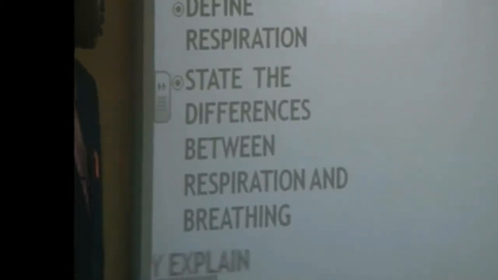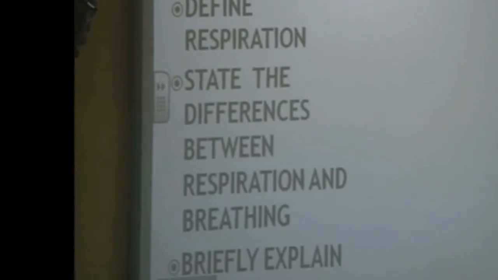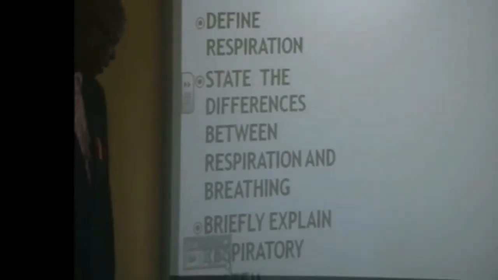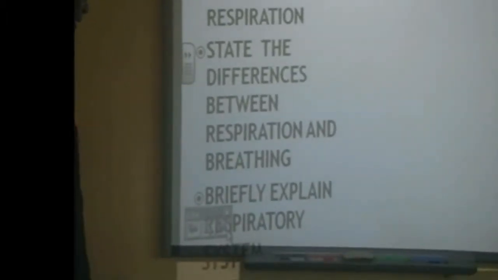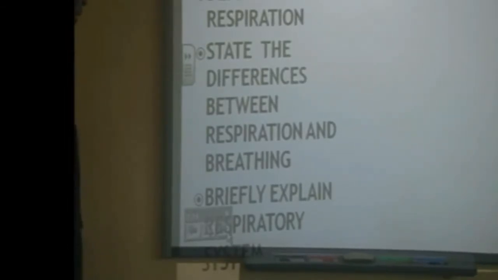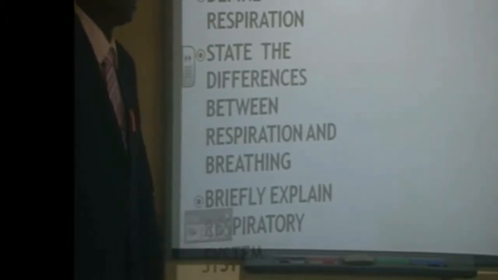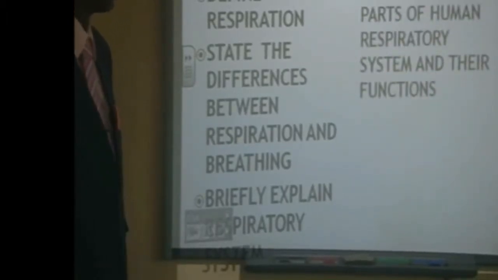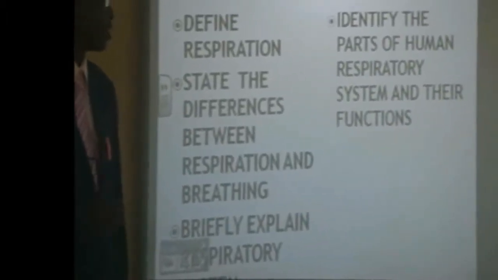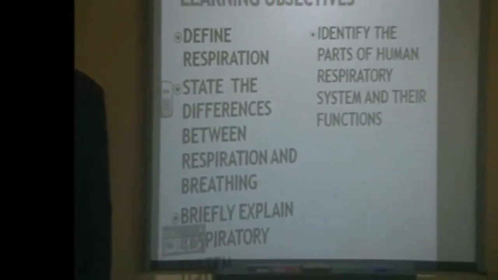Now let's look at our third learning objective. You must be able to explain briefly respiratory system. And the fourth learning objective is that you must be able to identify the parts of human respiratory system and their functions.